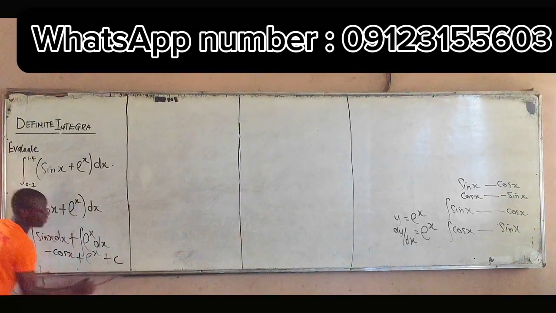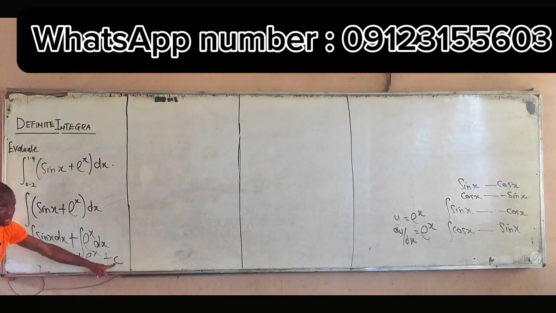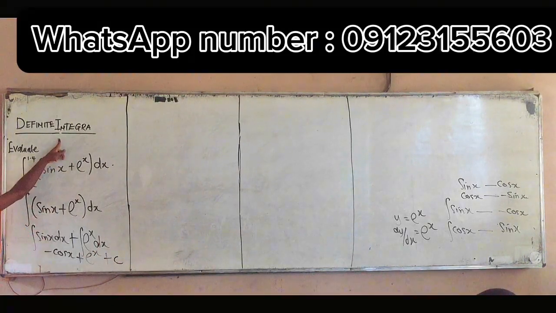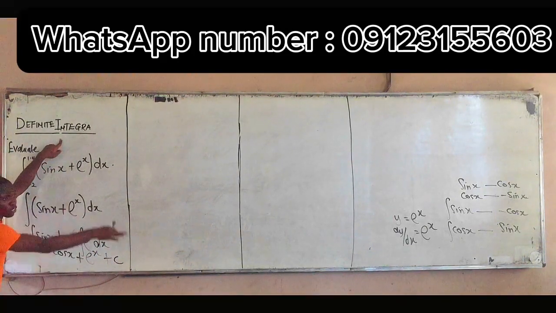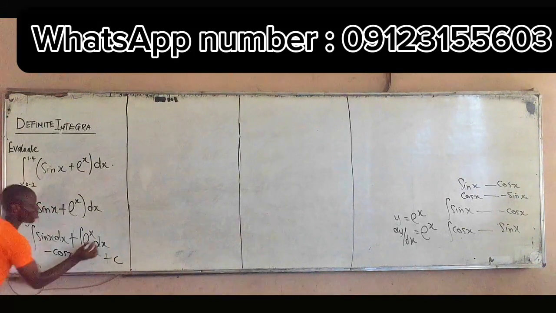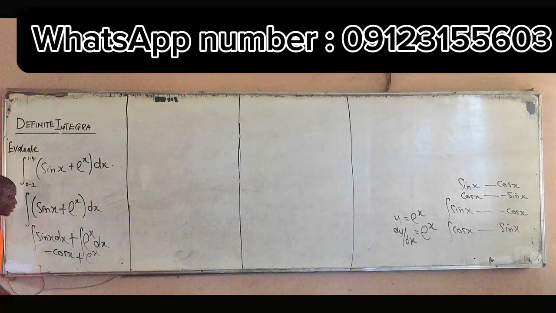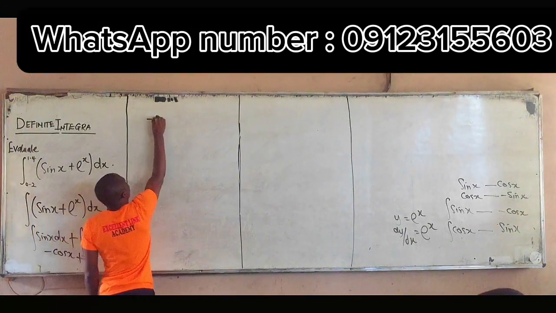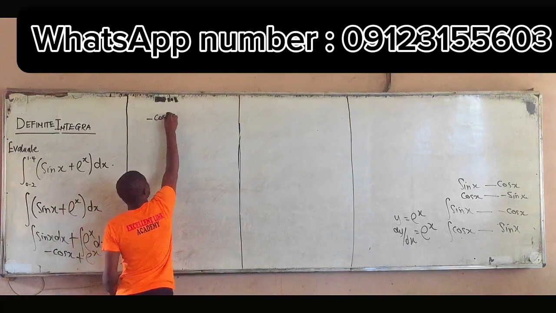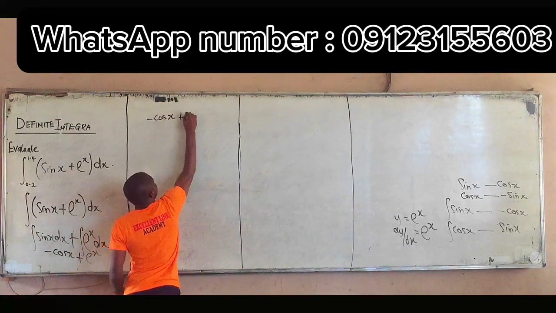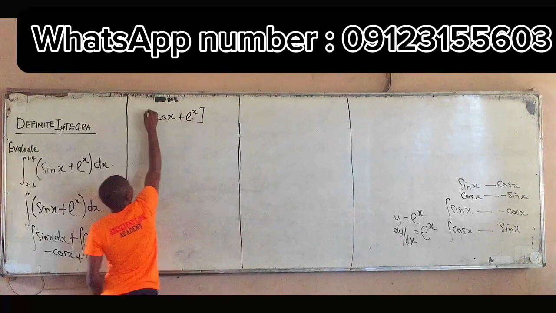Next, plus c is optional when it comes to definite integral, because at the end it is cancelled out. So let us ignore c in this case. My answer becomes minus cos x plus exponential x in a square bracket.